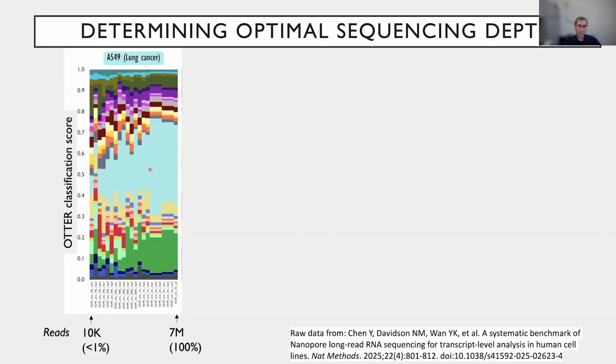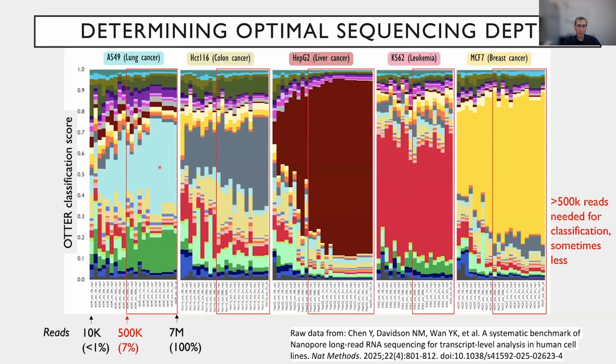You can see that with perhaps 500,000 reads, and in some cases probably a lot less, you can begin to classify the cancer. For instance, here, just to drive the point home, in leukemia, you see this red very early, which means that with a small subset of data, you could have classified it quite well. And I'll show you more about that as we go.